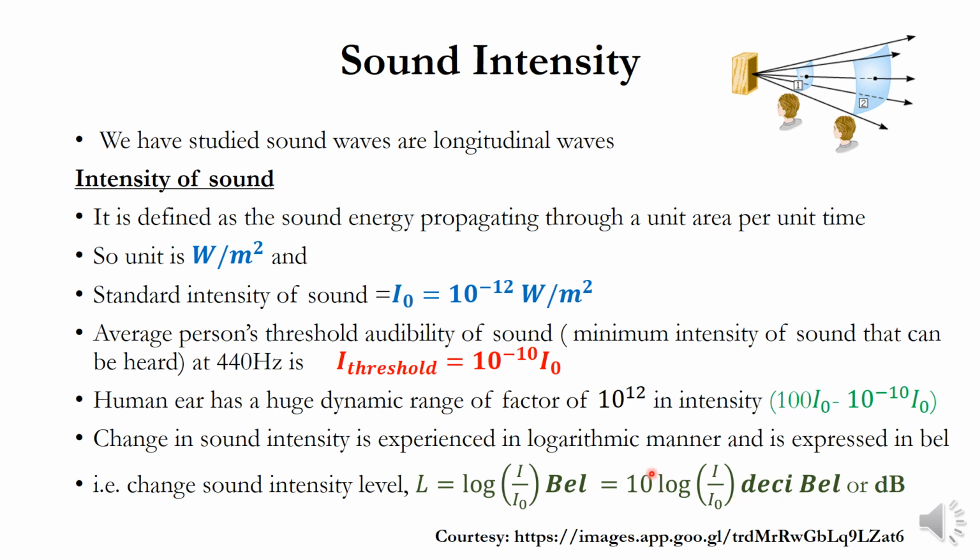Decibel means 1 by 10 bel; 10 decibel is 1 bel. So the level in decibel is equal to 10 log I by I0, and the unit is decibel, dB.